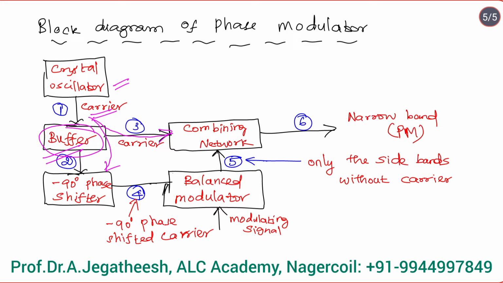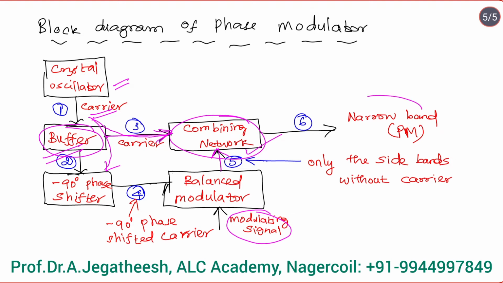The output of the minus 90 degree phase shifter will be the minus 90 degree phase shifted carrier with respect to the original carrier. This is applied to the balanced modulator along with the modulating signal. The output of the balanced modulator and the original carrier are combined using the combining network.